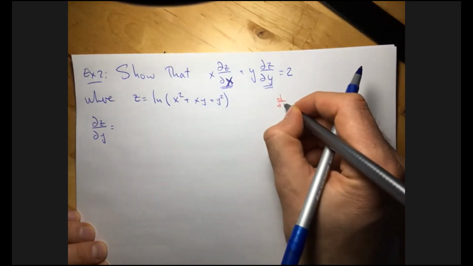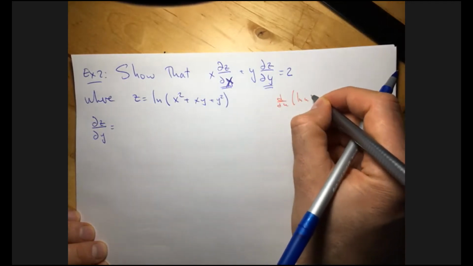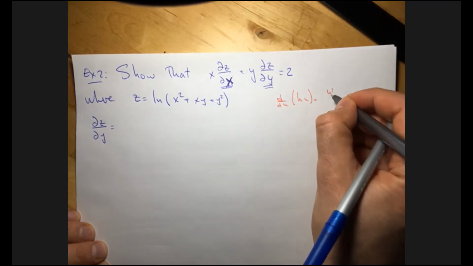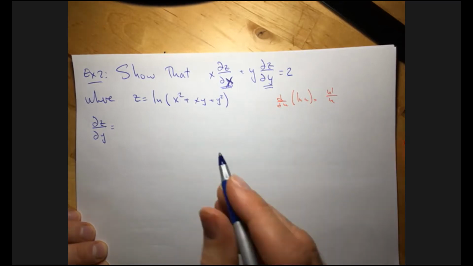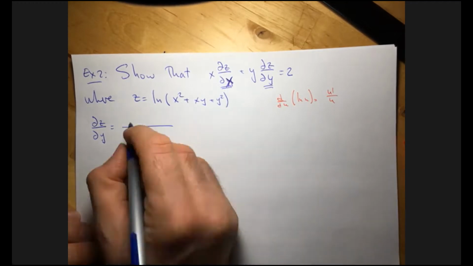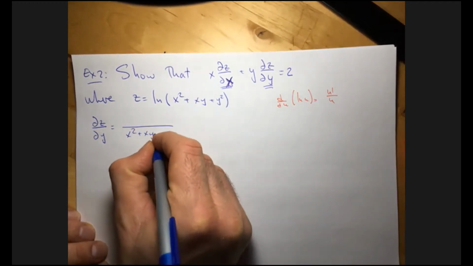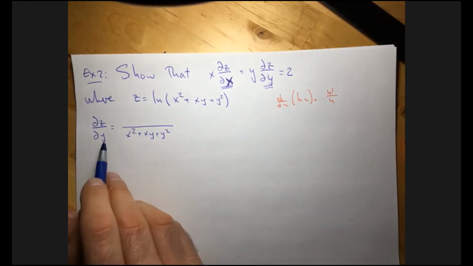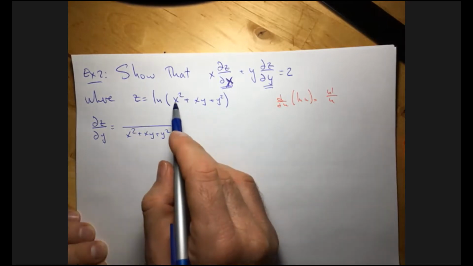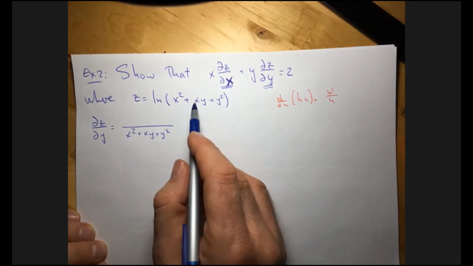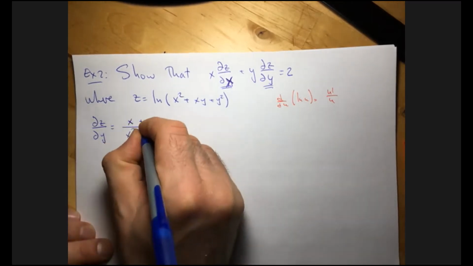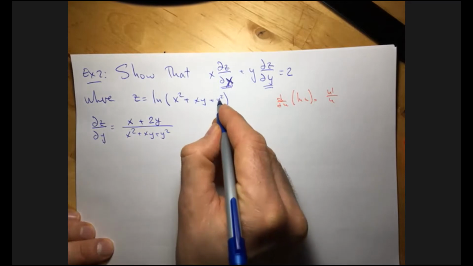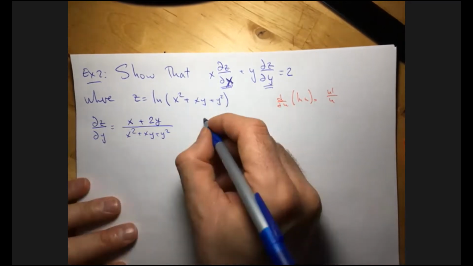So d/du of ln of u is equal to u prime over u, right? My u is this expression here, x squared plus xy plus y squared. And then I'm looking for the partial with respect to y. That means the derivative of x squared is just 0. Derivative of x times y with respect to y is just x because x is treated as a constant, plus y squared, derivative of y squared is 2y.